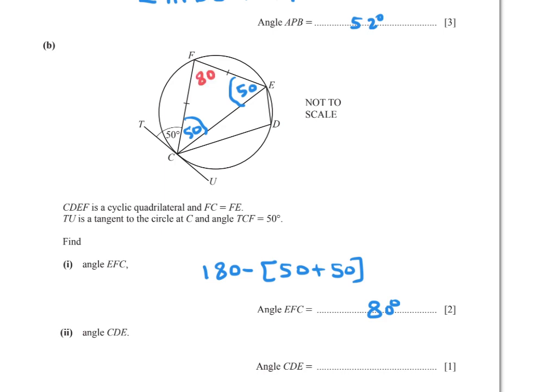So angle EFC equals 80. (ii), angle CDE. We have a cyclic quad. The opposite angles in a cyclic quad add up to 180. So angle CDE equals 180 minus 80 equals 100.